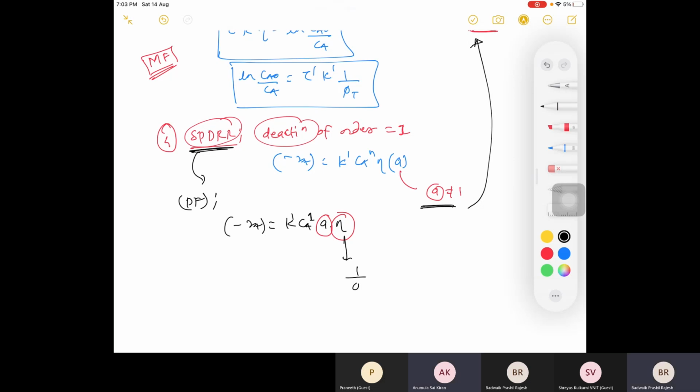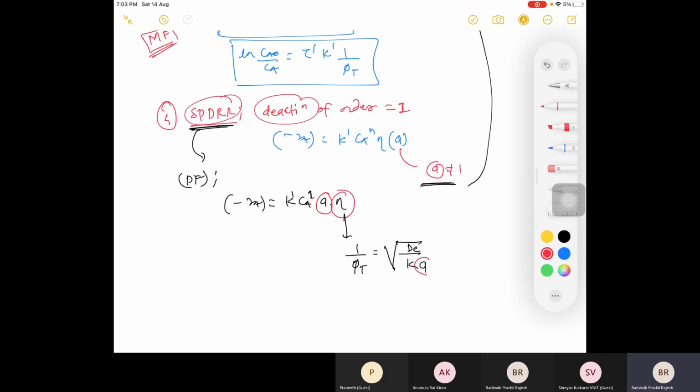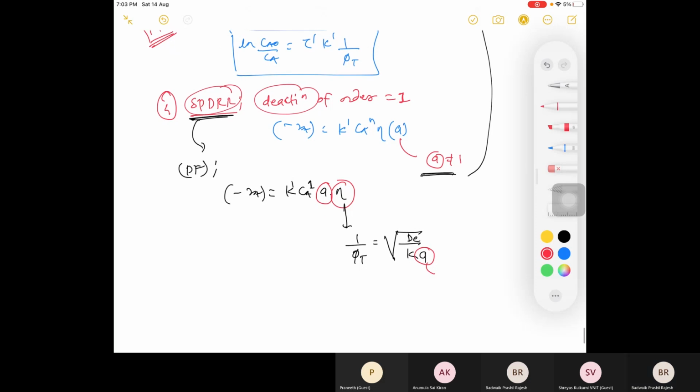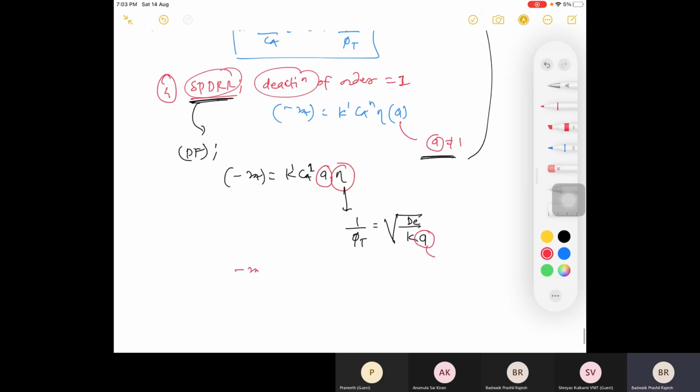And what is 1 by phi T? K A, and this is DE, right? I need to multiply this by A, and you need to take into account this value. So minus RA will be K dash CA A, and this will be DE divided by K. So I think it should be dash.